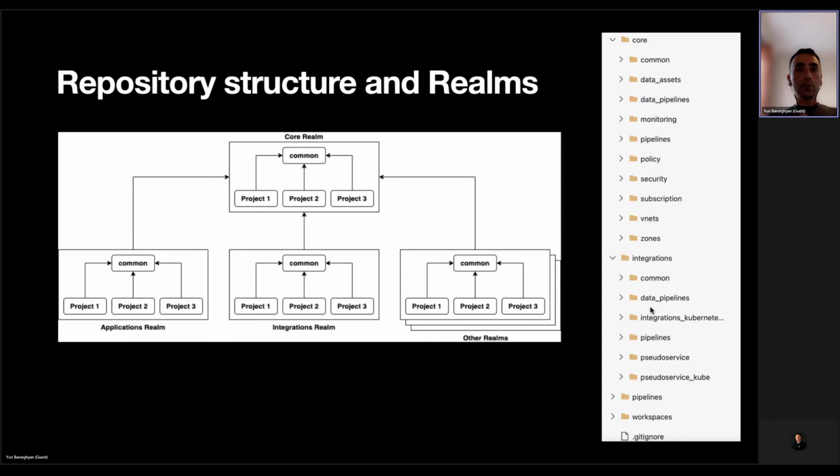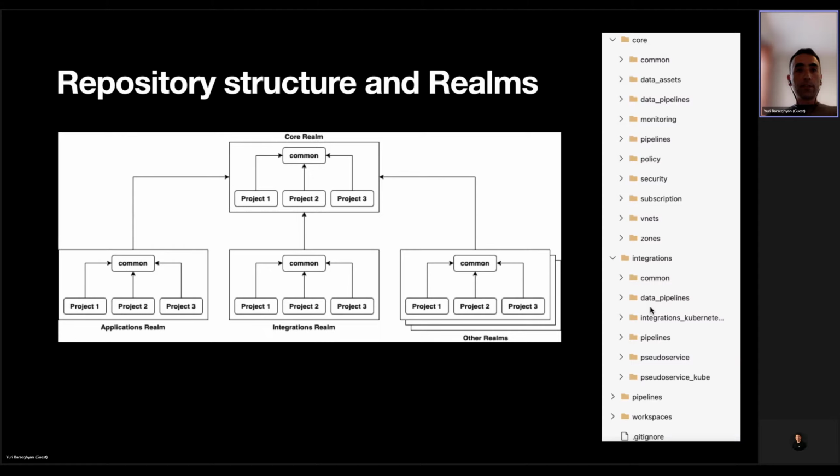As an example, you might have a realm called core, like what we have in the picture, which will contain core components of your data platform, like networking, data storages, zones, monitoring resources, and subscription configurations. Another example is an integrations realm, where everything concerning integrations will be under its own realm and will be managed through a set of projects.